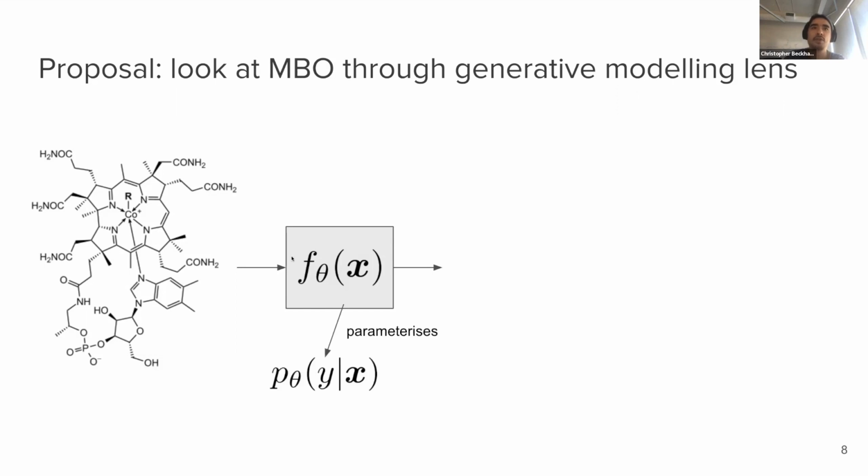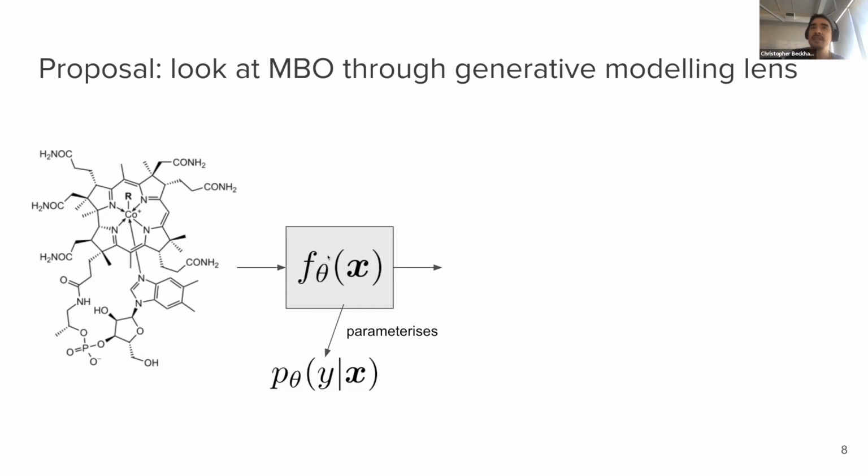So you can think about, you have this chemical compound, and maybe you run it through your approximate oracle f theta of x, and you're going to get a score, right? And we assume that the score can be anywhere from 0 to infinity, where infinity is the best possible compound and 0 is the worst. But it's good to think about it in a more probabilistic manner. You could say there is a relationship between f of x and p of y given x, right?